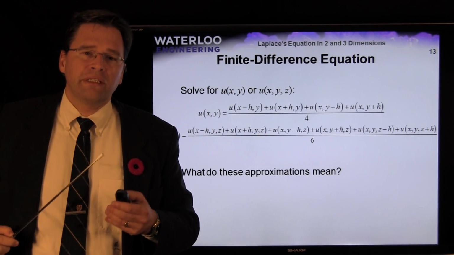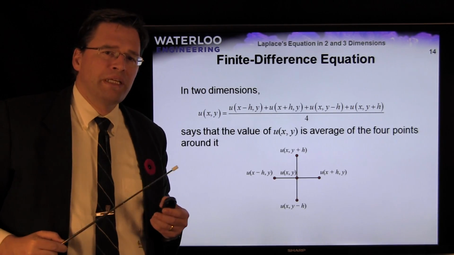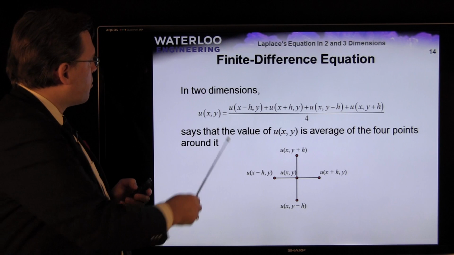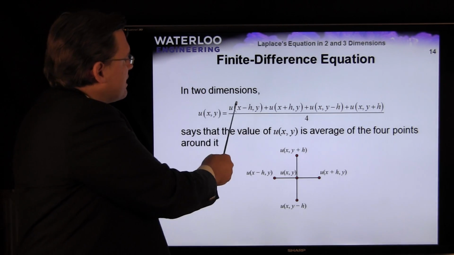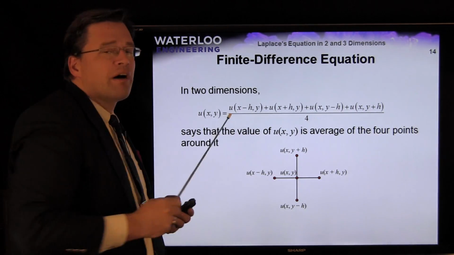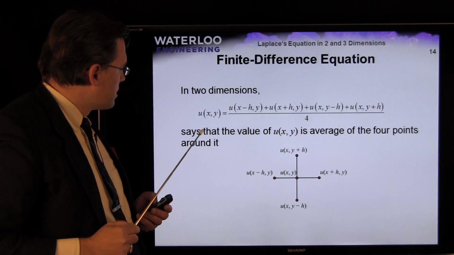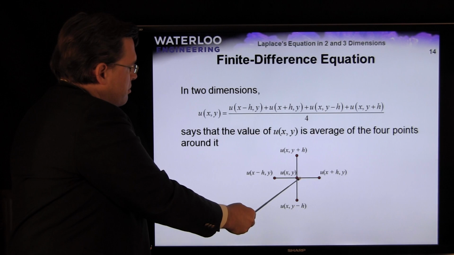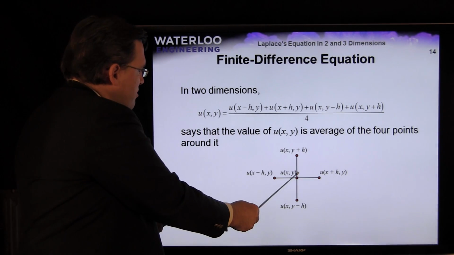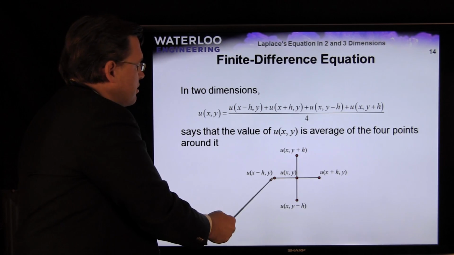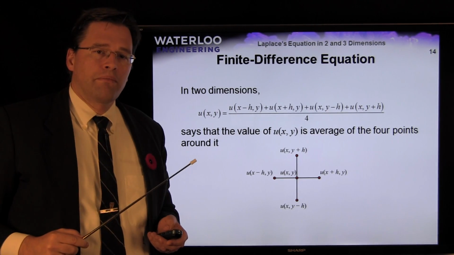Now, what do these 2 approximations mean? Well, in 2 dimensions, what is this saying? The solution to Laplace's equation is the average of the 4 points around it. So if u is actually a solution to Laplace's equation, this value had better be the average of the 4 points around it.